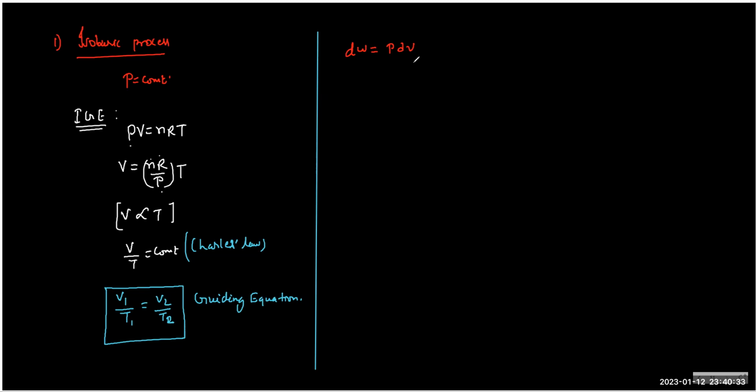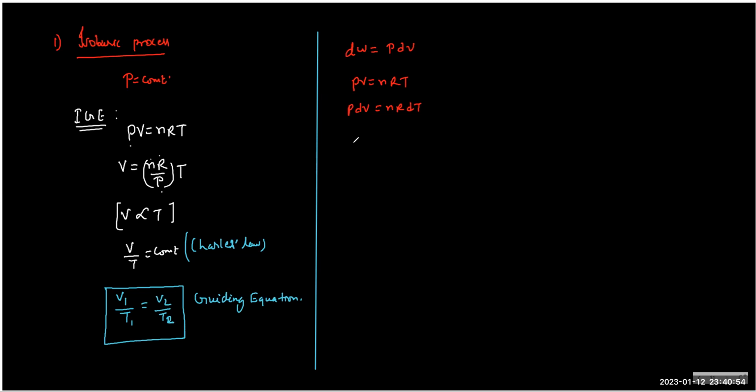And because it's a PdV, okay, we can leave it like this. But in this particular case, PV equals nRT, and P is constant. Can we differentiate both sides? If I differentiate both sides, what can I get? PdV equals nR dT, isn't it? Yeah.